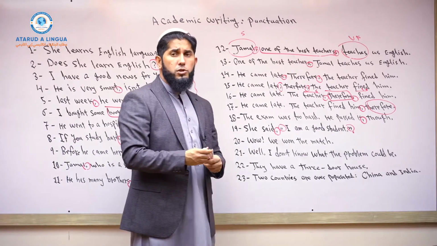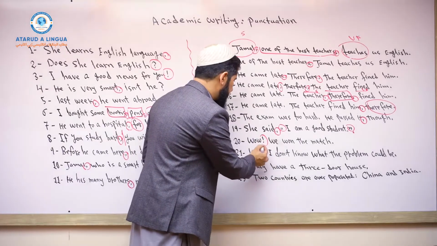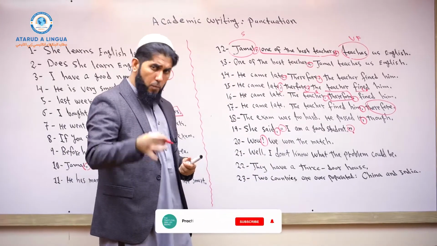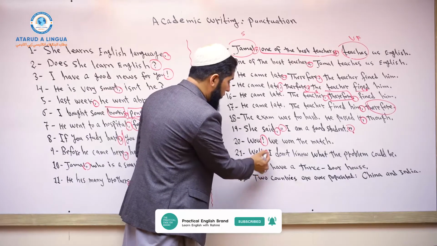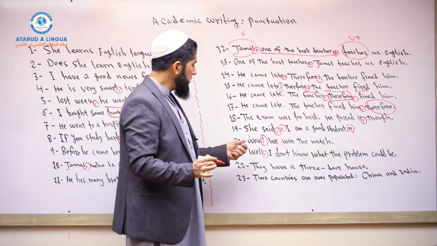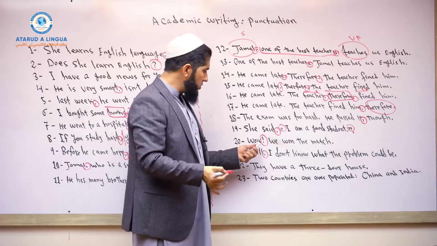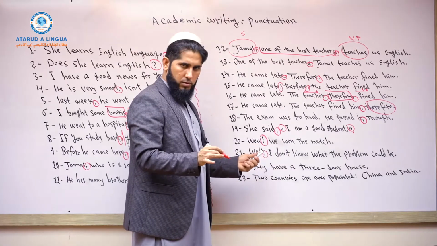Then most commonly we use an exclamation mark after most of the interjections, but there are a few interjections, one of them is well, where we use a comma. After most of the interjections we use an exclamation mark, and after a few we use a comma.